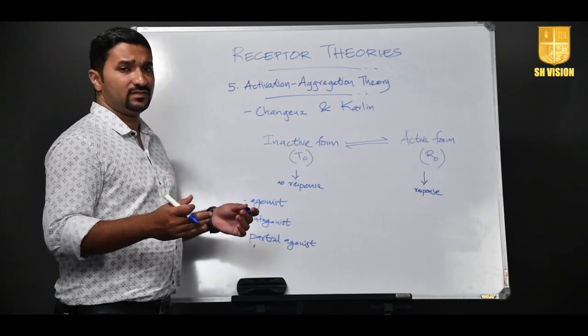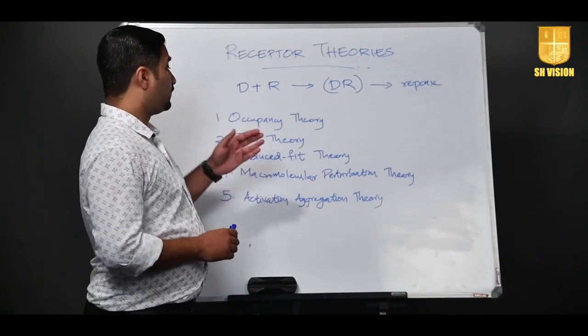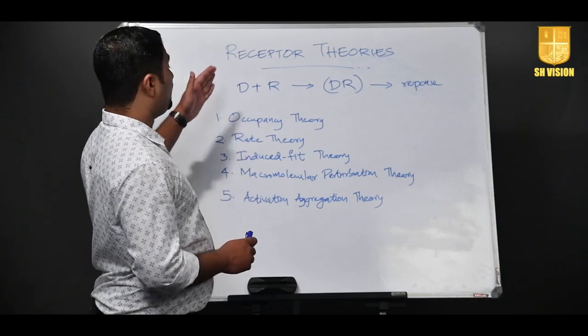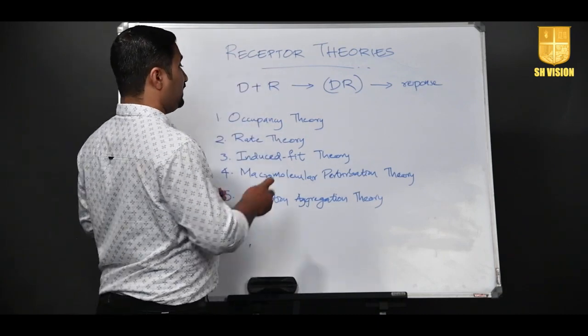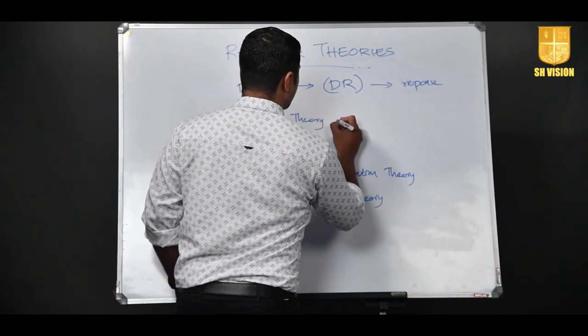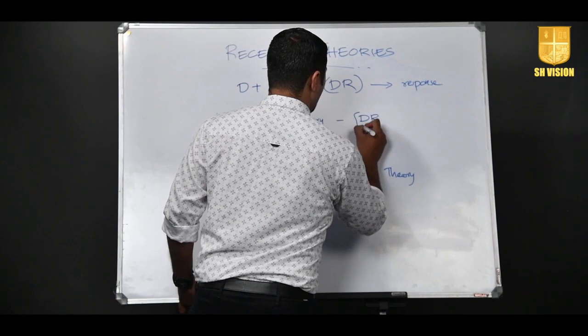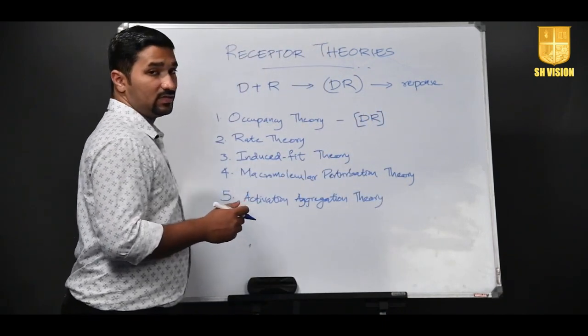So this is the activation aggregation theory. Now let's summarize all the 5 theories. For occupancy theory, the first theory, the drug and the receptor will form a drug-receptor complex and the response is proportional to the concentration of the drug-receptor complex that is formed.